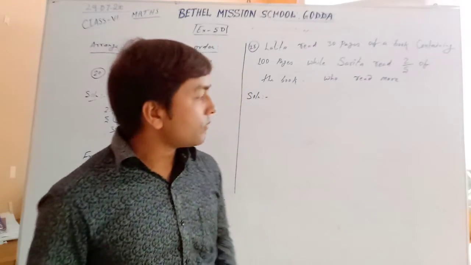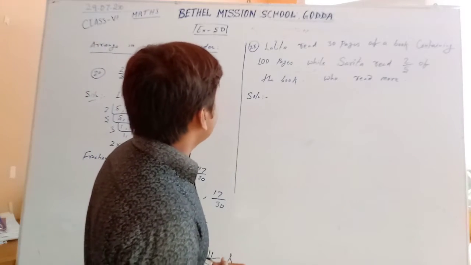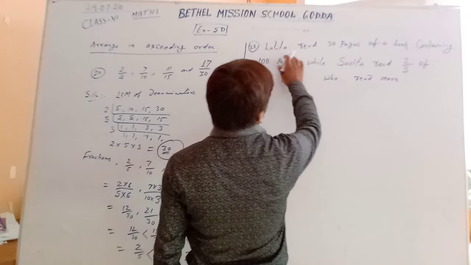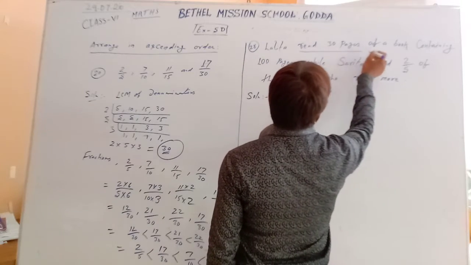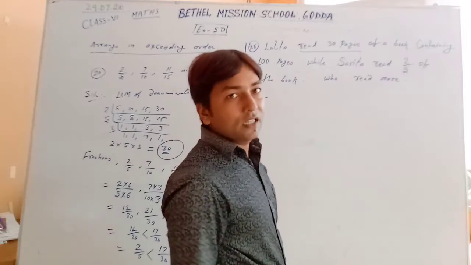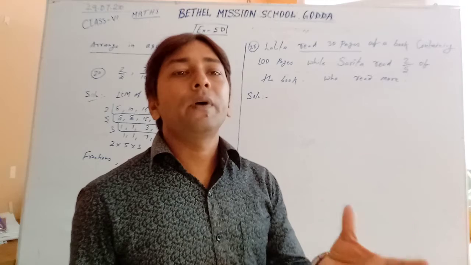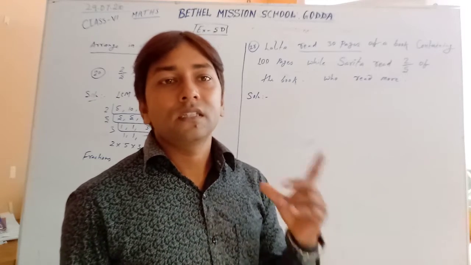Now I have taken question number 28. The question says that Lalita read 30 pages of a book containing 100 pages. How many total pages? 100. Out of 100, how many did she read? 30.